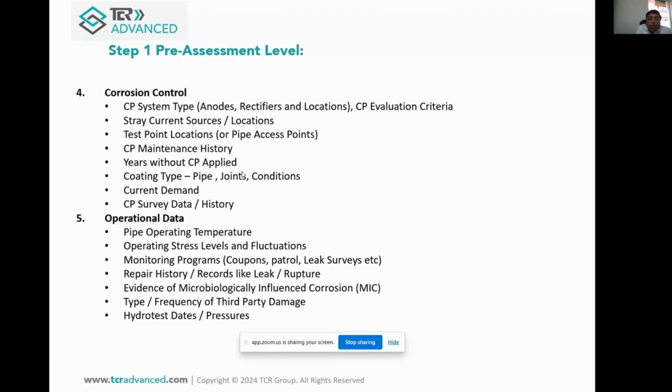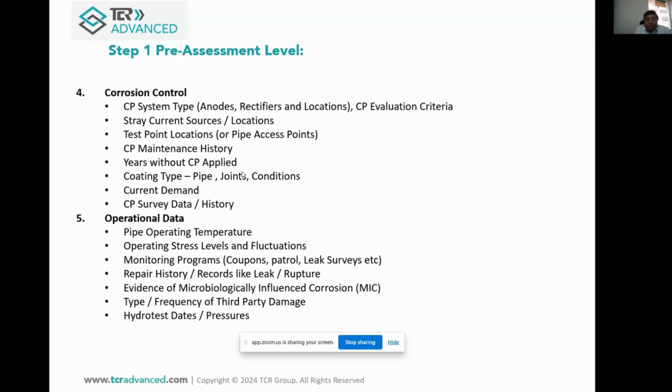Fifth, very important again, operational data collection: pipe operating temperature, operating stress levels and fluctuation, monitoring programs. If you have, for example, coupons, leak identification systems, then patrolling on your right of way, very much important. Repair history, ruptures, why it has happened, failure analysis in case there was a failure.